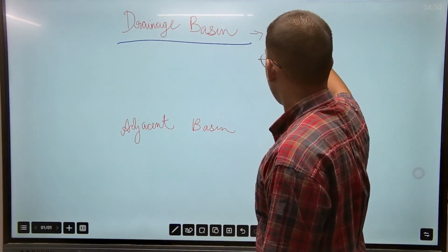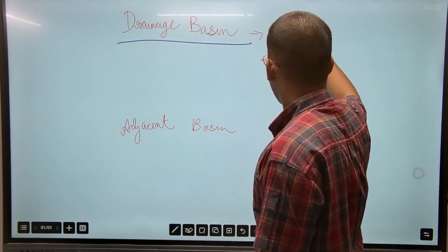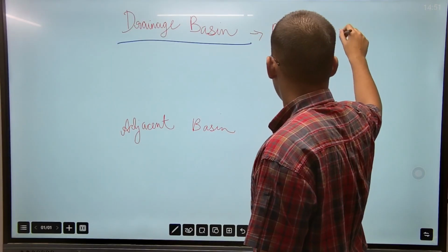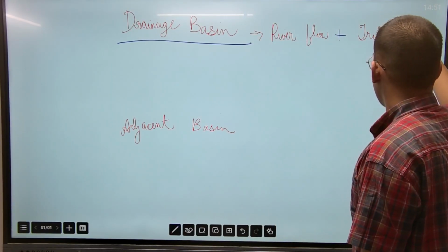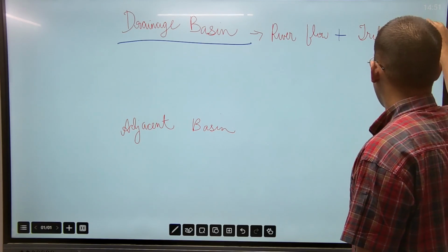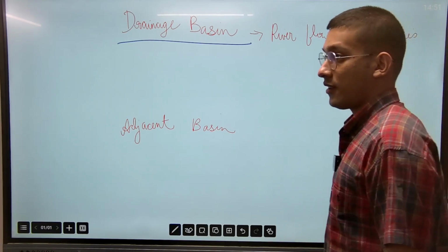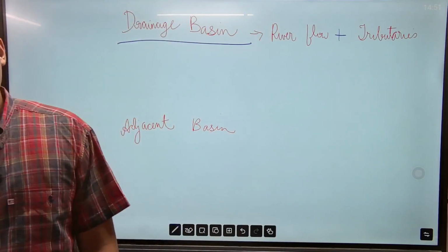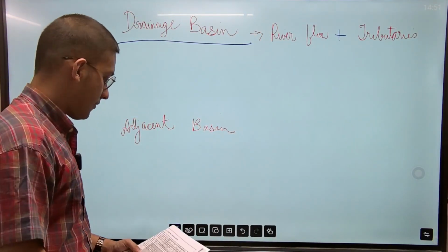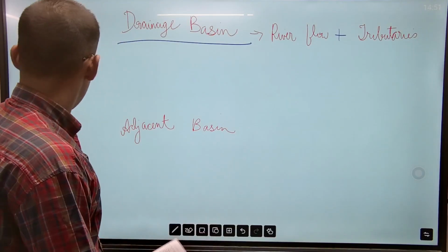This will be your river flow plus tributaries as a whole, right? And then we get adjacent basins.